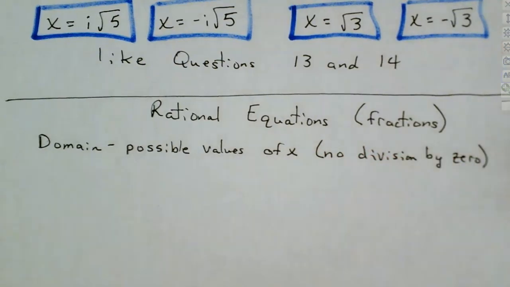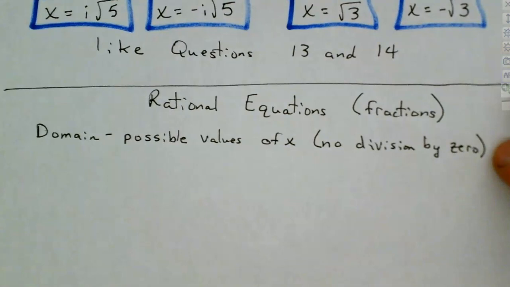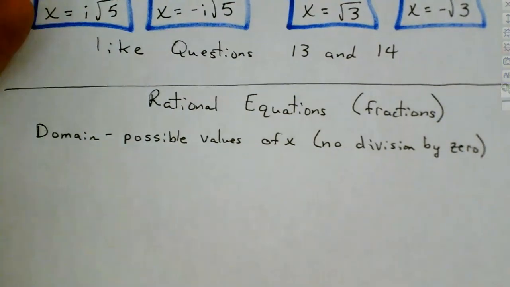So no division by 0. Because we cannot take a number and divide it by 0, right? That's undefined. So when we look at these, the first ones, questions 1 and 2, we're not solving. All we're going to be doing is find out what values cannot possibly be solutions. What values are not in the domain. So that's going to be our directions.